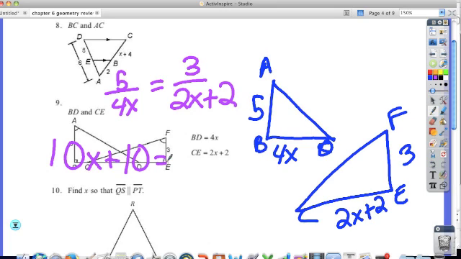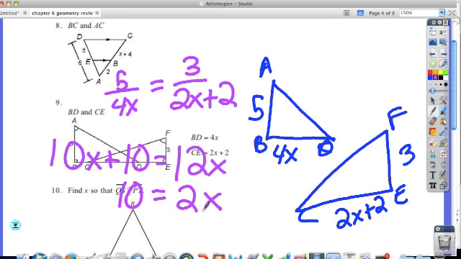So can I subtract 10x from both sides? Did I get it right? Okay. So what is x equal to? 5. Okay, but I wasn't supposed to find that.